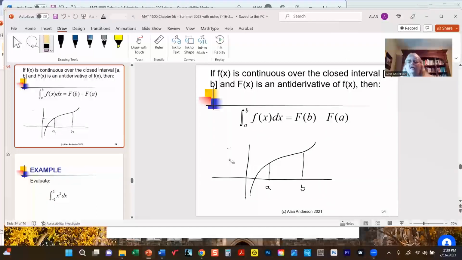Oh, all right, I have an idea. F of B is the integral, now the antiderivative, evaluated at B. F of A is the integral evaluated at A.